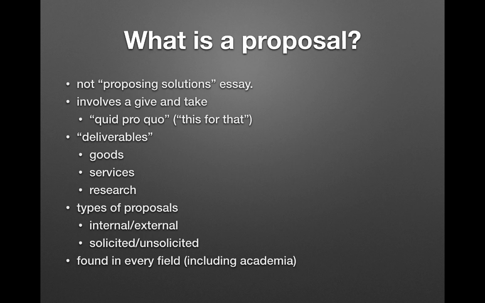So we kind of have a happy medium there. So that's the difference between internal and external, and then solicited and unsolicited. Solicited proposals, they've asked for proposals. They've issued a request for proposals about something, and you've responded to that.